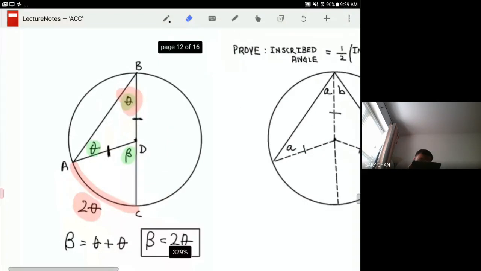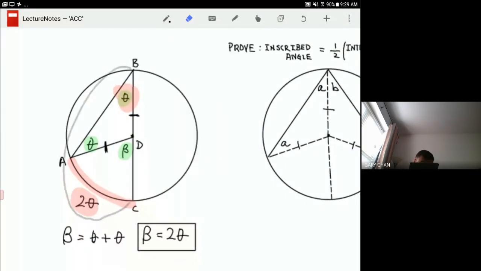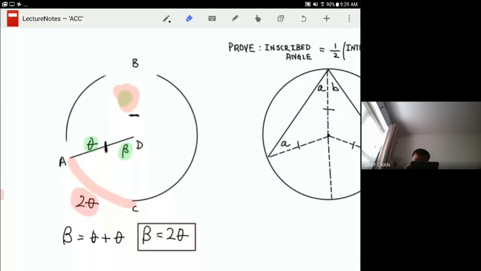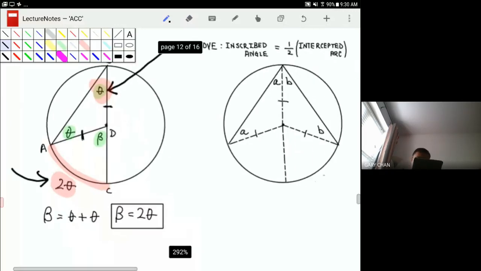Look at what we did in the early part of today. We figured out that this angle here and this angle over here have that relationship, right? We just proved it.